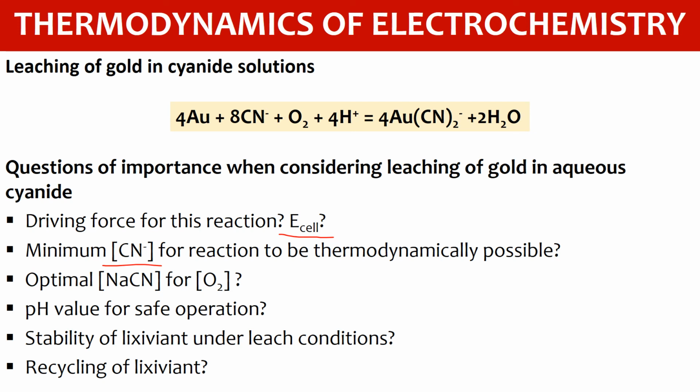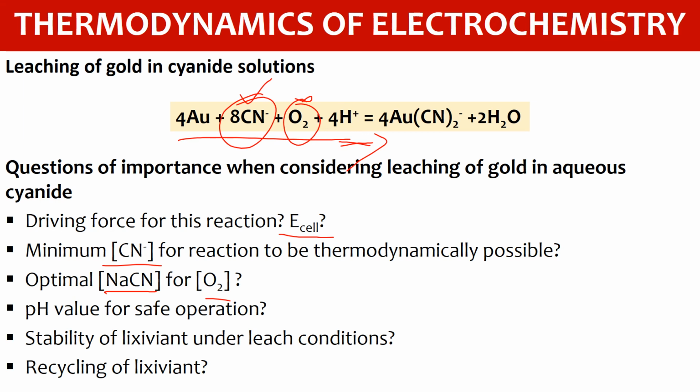So it means that you need to understand your dosages, your reagent regime, for example your optimum sodium cyanide for the oxygen that is available, because according to Elsner's equation, you definitely need some cyanide and some oxygen for your system to be optimum. If you use high cyanide concentration without oxygen, then the kinetics of the reaction might be very much detrimental.